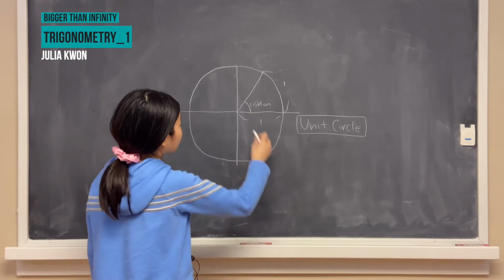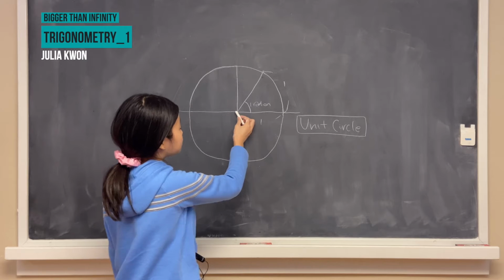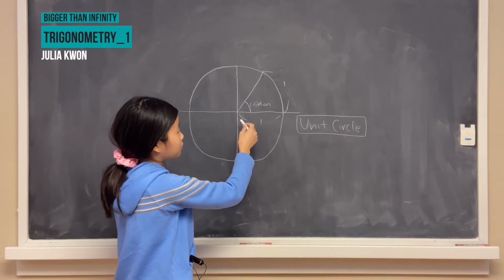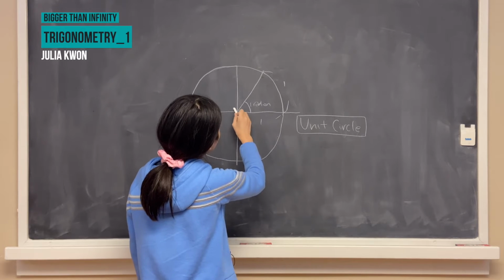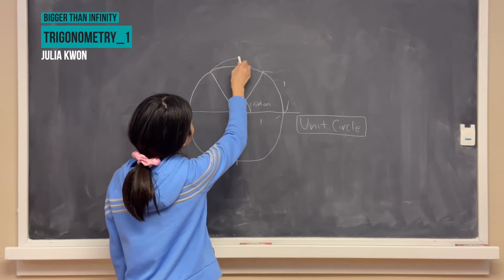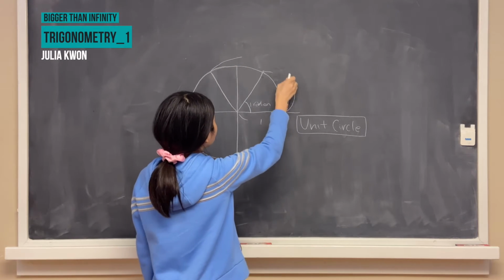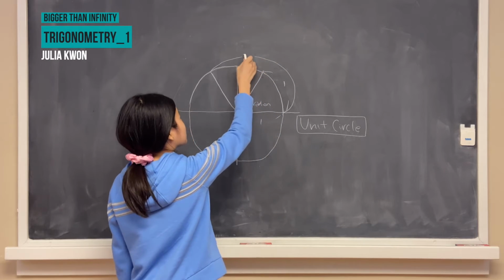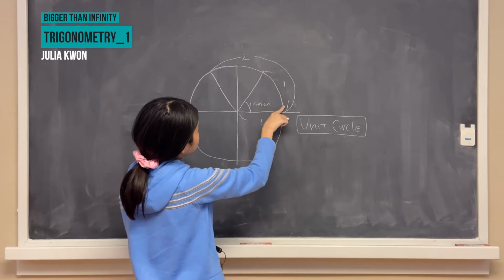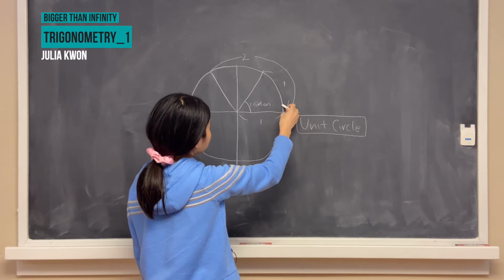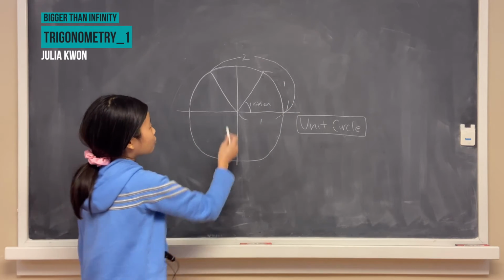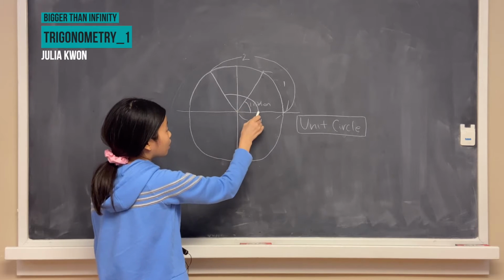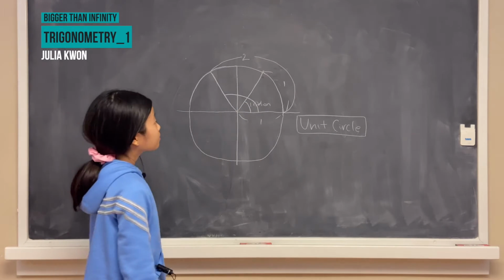And now, what 2 radians would be is if we had this whole length, which would be 2, since it's 2 times more than this length, and that would give us this angle of 2 radians.